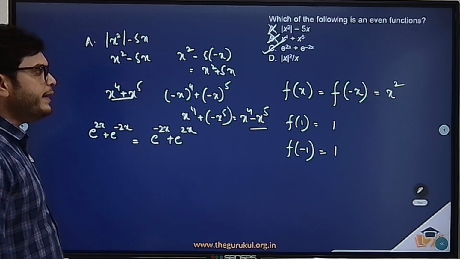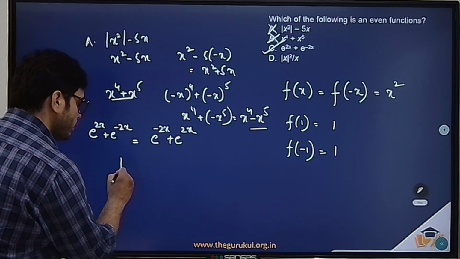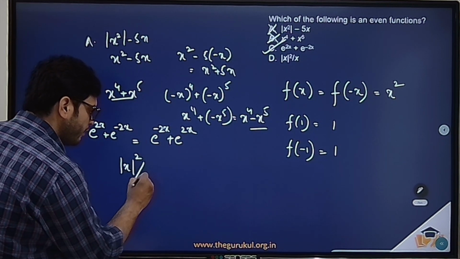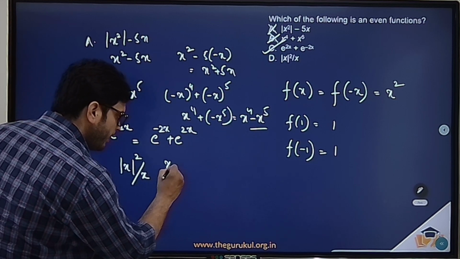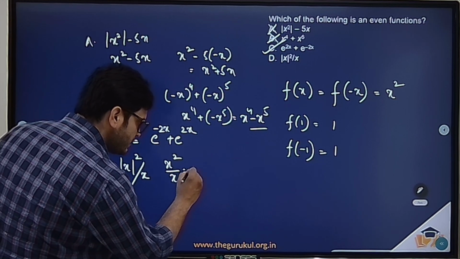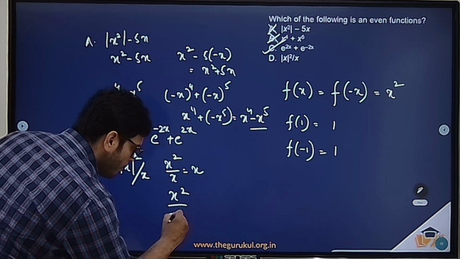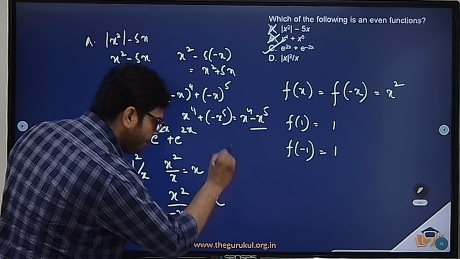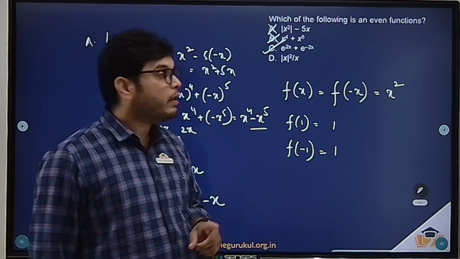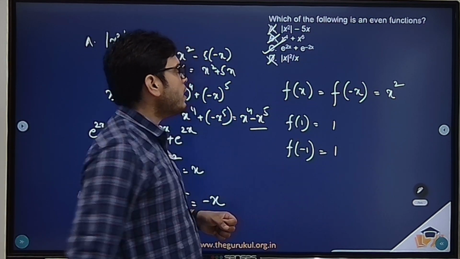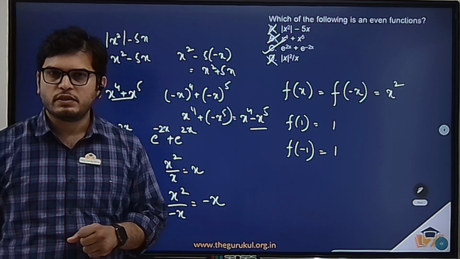Now let's check D, mod x whole square by x. If x is positive, then you'll have x square by x, which is x. If x is negative, then you will have x square by minus x, which would be minus x. So this is not an even function. So the answer for this question should be option C.